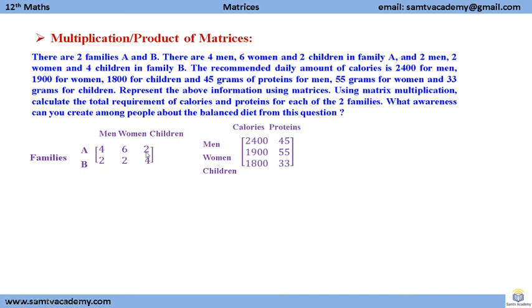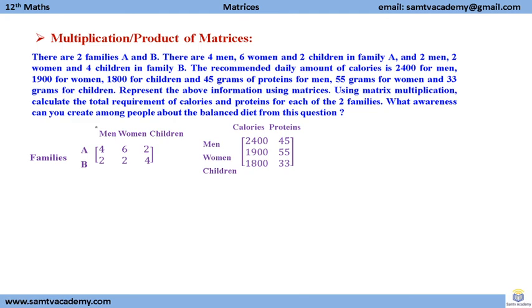Similarly, when we multiply with the protein column, we will get the protein requirement. So you have to form the matrix logically, so that after multiplying, you get the answer the question is asking for.